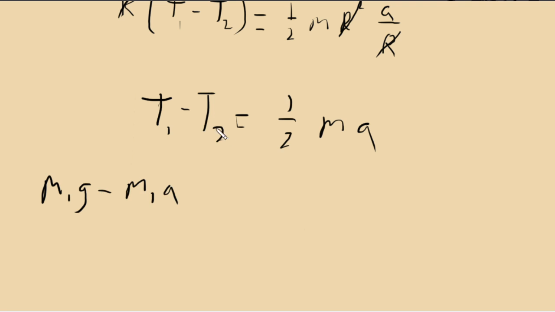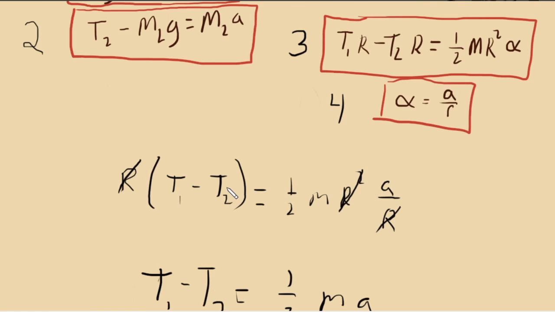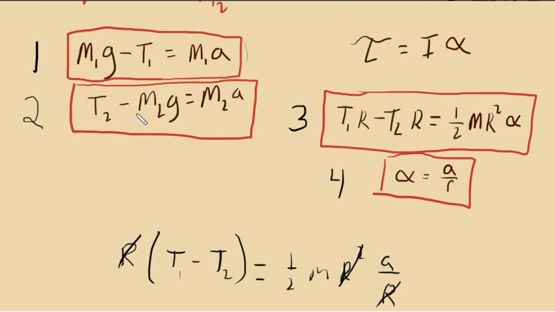And then for tension 2, we could go to equation 2 and solve for T2. All we're doing is adding over M2G equals M2A.